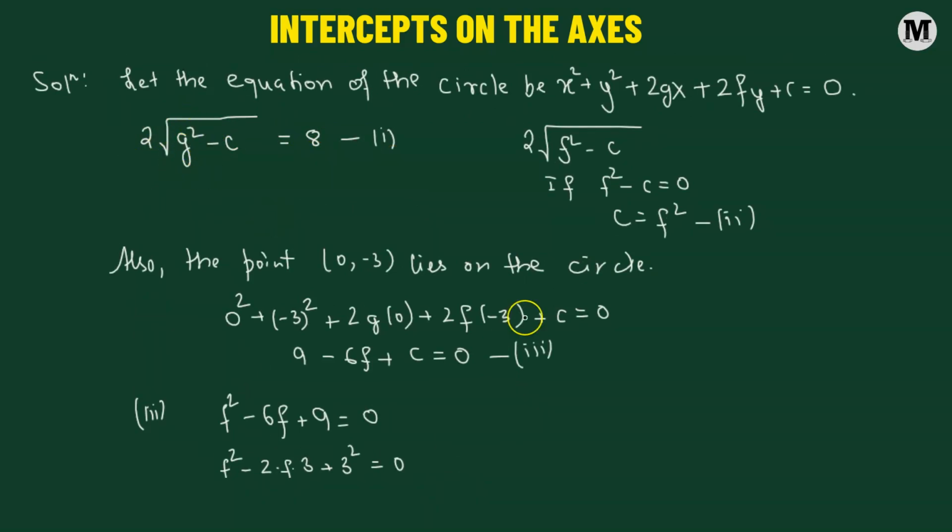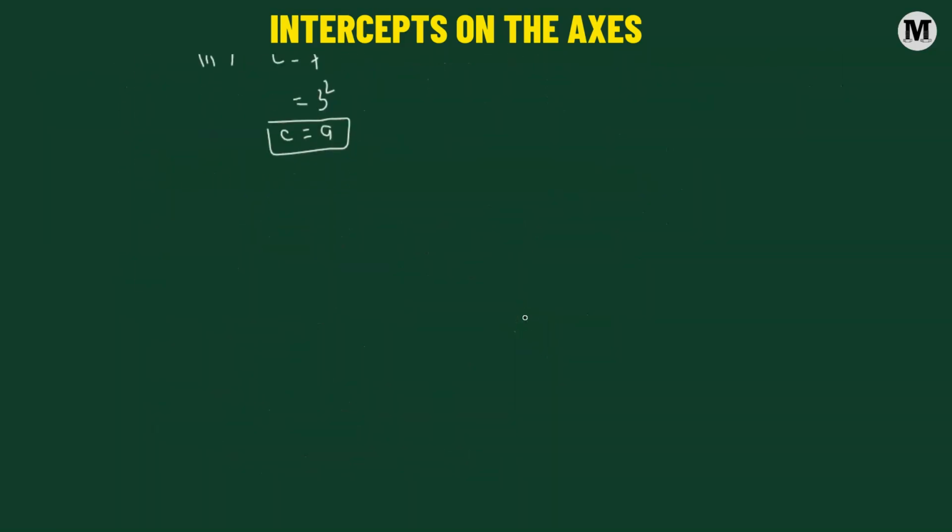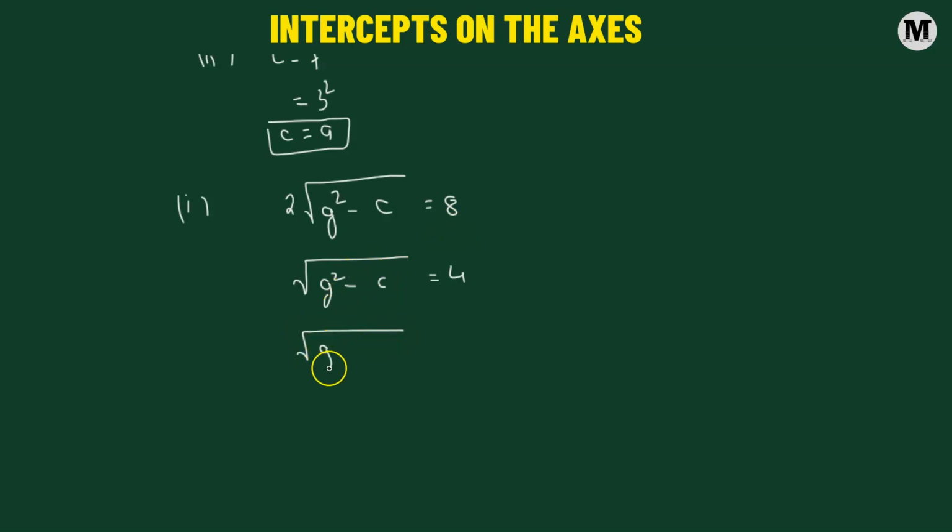So we have 2 times square root of g squared minus c equals 8. Or simply square root of g squared minus c equals 4. We've divided both sides by 2. We'll replace the value of c with 9 to get square root of g squared minus 9 equals 4.